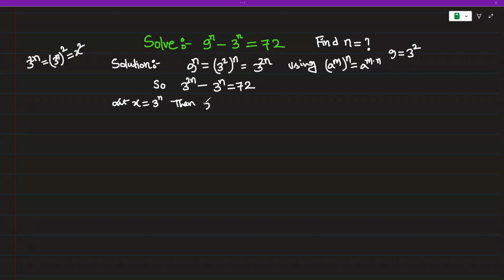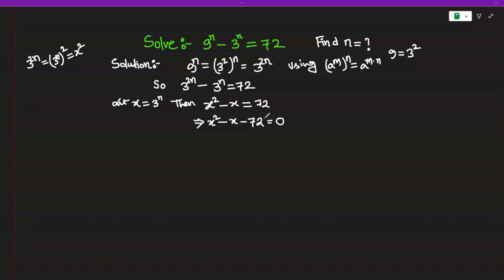So we can write x power of 2 minus x equal 72. Now we no longer have an exponential equation, it becomes a quadratic equation, which is x squared minus x minus 72 equal 0.